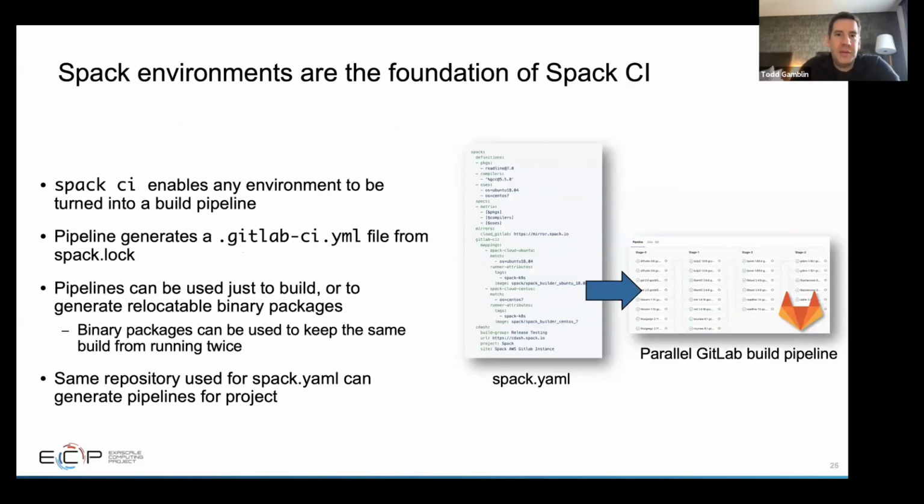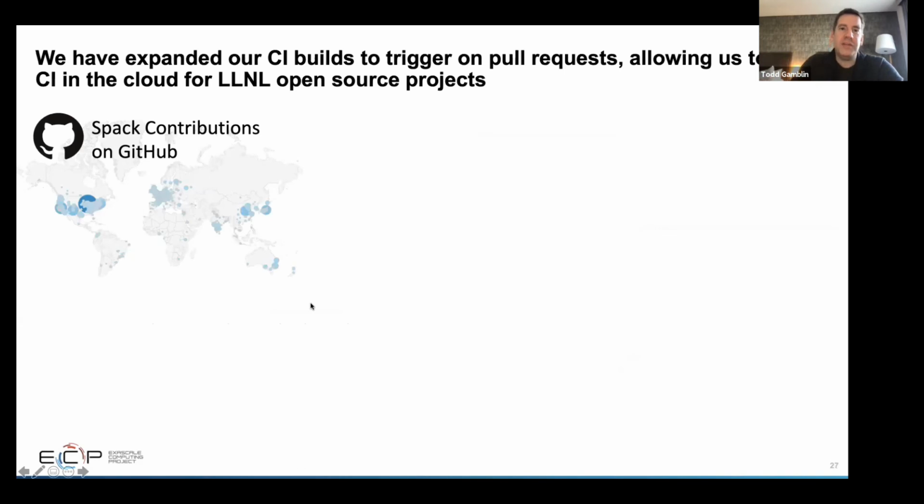So I mentioned that Spack environments are used for CI as well. And one cool thing is that when you have this sort of build description of a code like Marble, you can use that Spack CI command that I mentioned to generate GitLab pipelines for it. And so if you want to maintain builds of the whole system in CI as people submit them, you can do that, and we'll generate this pipeline here. We have recently expanded CI builds to basically build on every pull request.